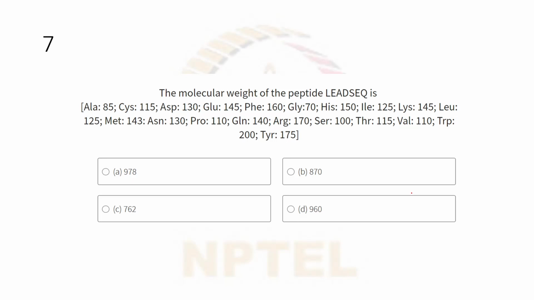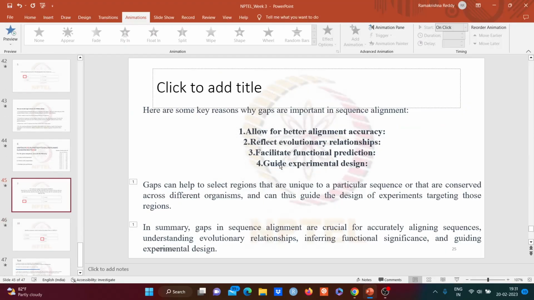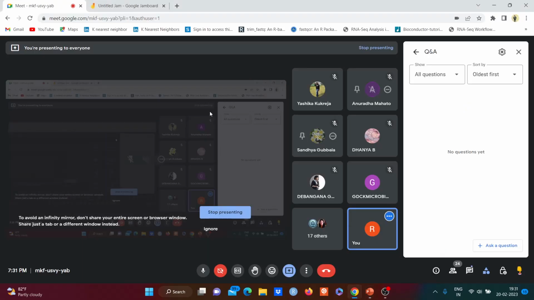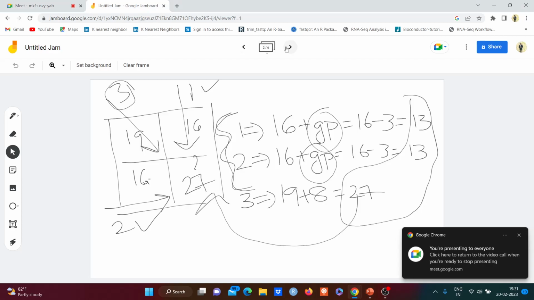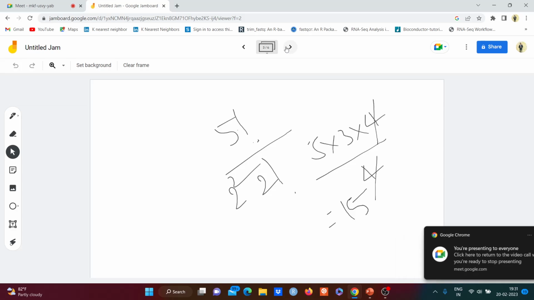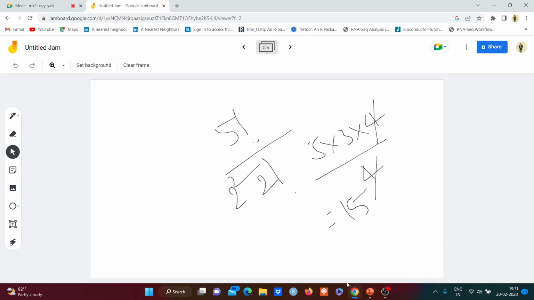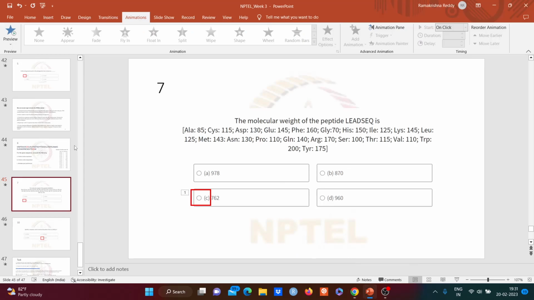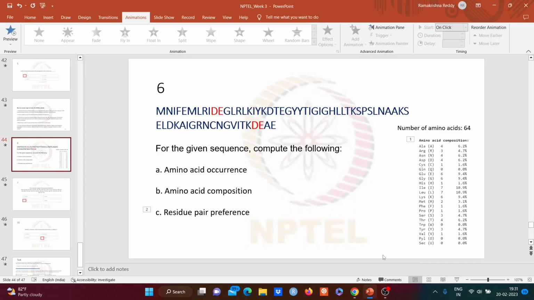I'll explain this. Given the sequence here, for the amino acid occurrence, we need to calculate the occurrence of the 20 amino acids.